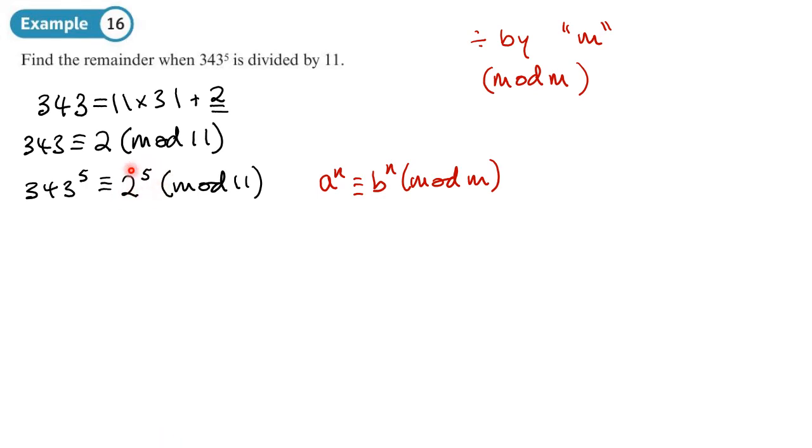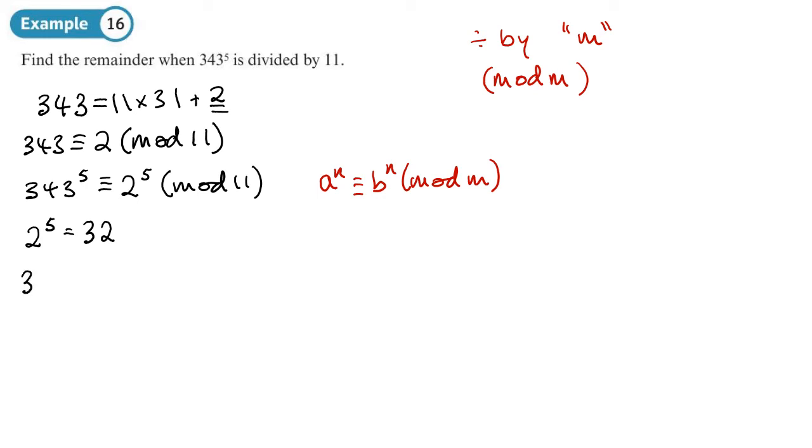Now, which is the easy one to work out? Well, I can definitely work out 2 to the power 5. So 2 to the power 5, I think that's 32. But now we need to change 32 to a mod 11 value to find a remainder.